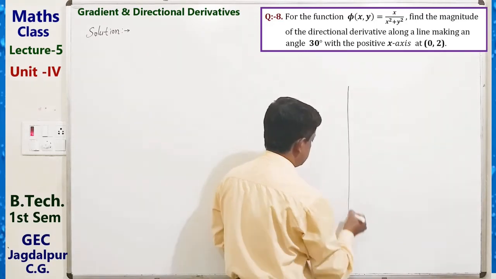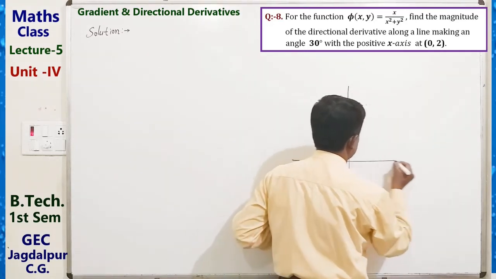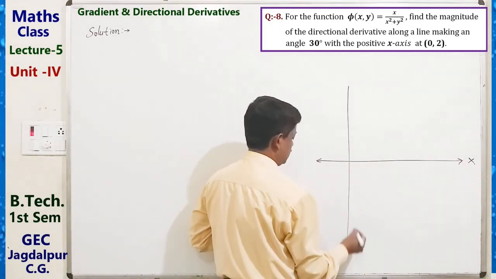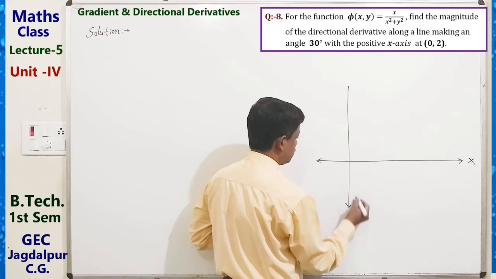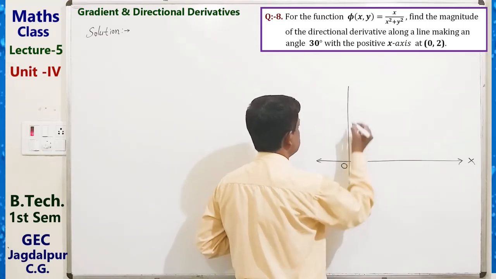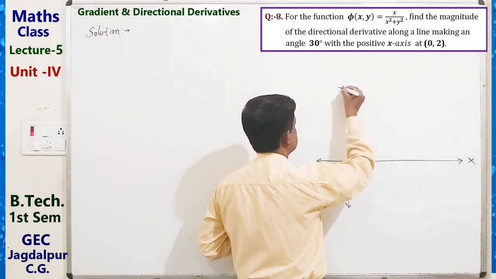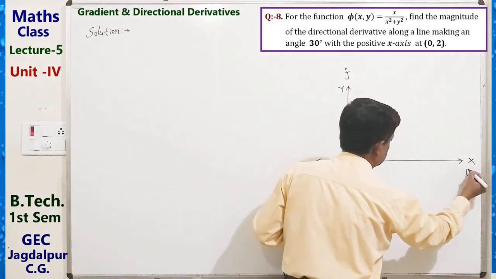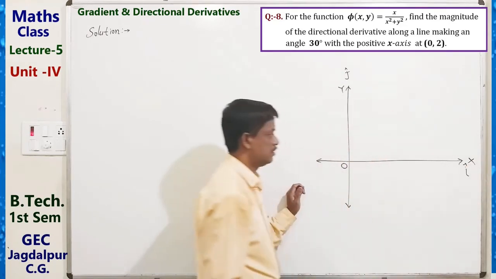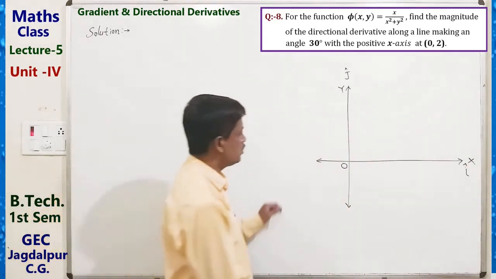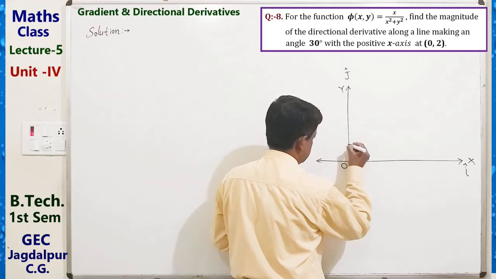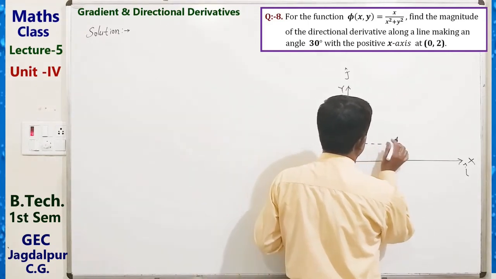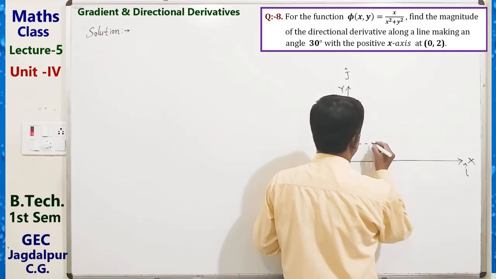Suppose this is the y-axis, this is the x-axis, and this is the origin. In this direction i is the unit vector. Clear? At (0, 2), that is this, suppose this is (0, 2). In this direction we can draw a parallel line.